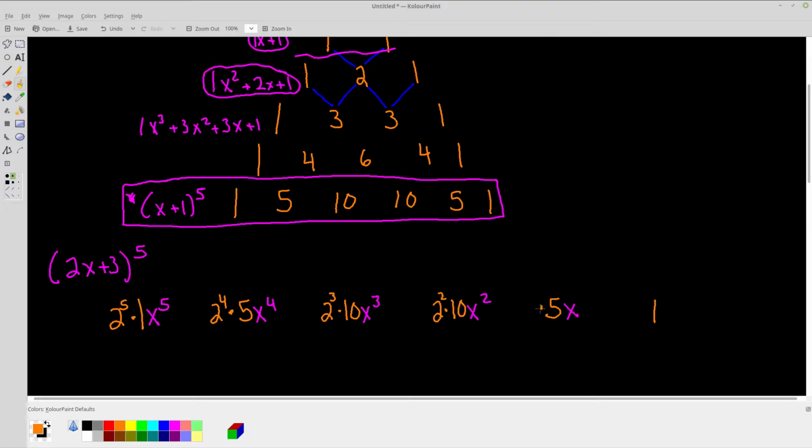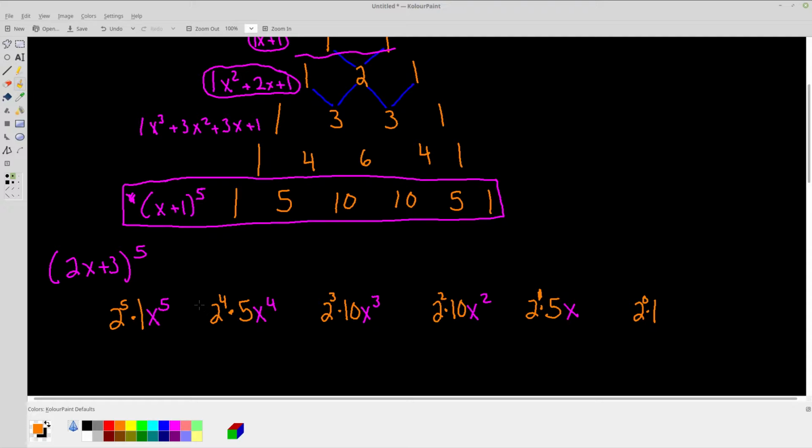On this one, 2 raised to the first. And over here, it's 2 raised to the 0 power. We're not going to write it there, that's just going to be another 1. But I want to make sure you see the countdown: 5, 4, 3, 2, 1, and then 0.